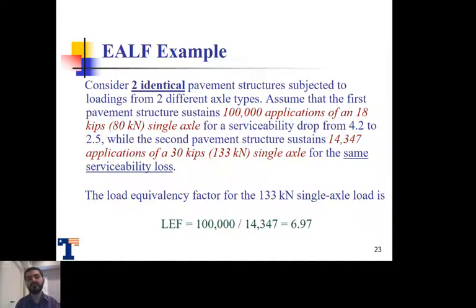Consider that we have two identical pavement structures subjected to loading from two different axle types. The first pavement structure is going to sustain 100,000 applications of an 18 kip single axle for a serviceability drop from 4.2 to 2.5, while the second pavement is going to sustain only 14,347 applications of a 30 kip single axle for the same serviceability loss.